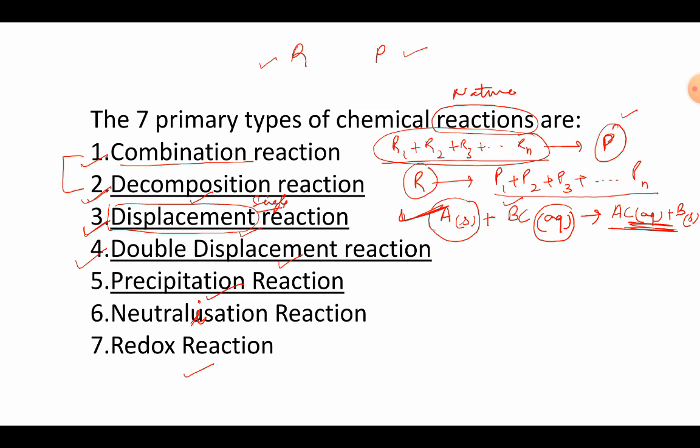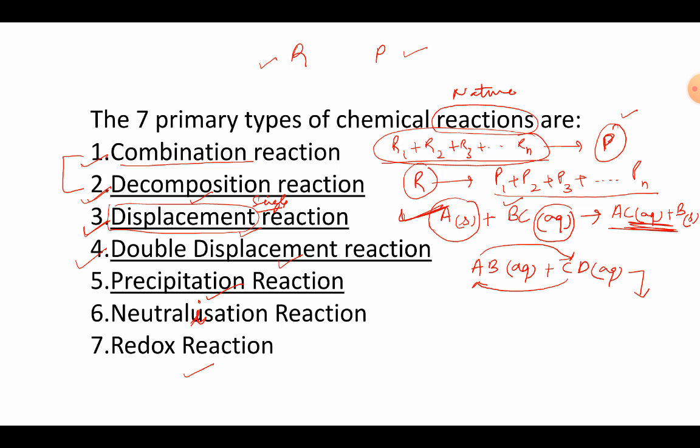Double displacement means that now we will be having two separate aqueous solutions and there will be mutual exchange of ions. Like A will be taking up C's place and C will be taking up A's place. So what is happening over here? There is mutual exchange. They both are displacing each other. They both are shifting each other.